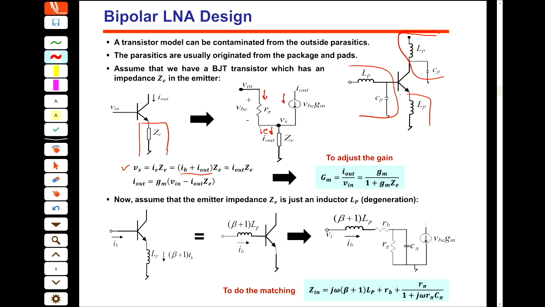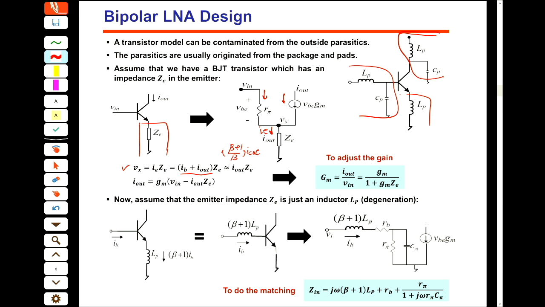We can say beta plus 1 divided by beta times I out, and as beta is high, we can say 1 times I out.